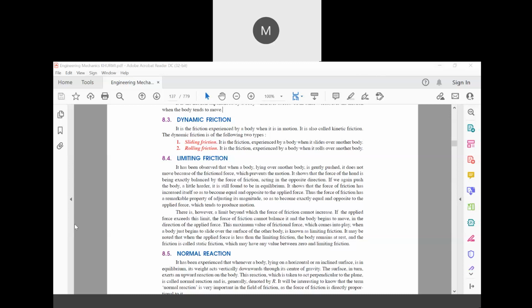Suppose I'm giving you an example. Suppose this is a plane and this is a block of wood. We are applying a certain amount of force here, but it is not moving. That means it is static friction.